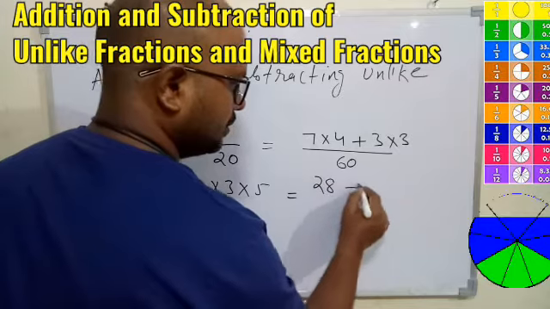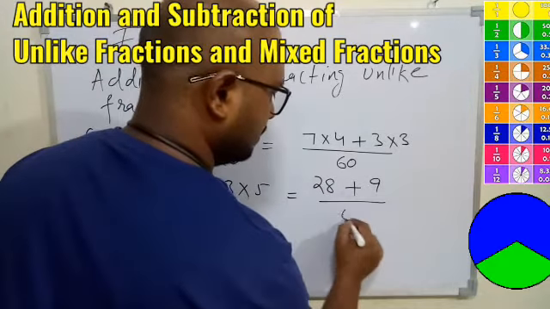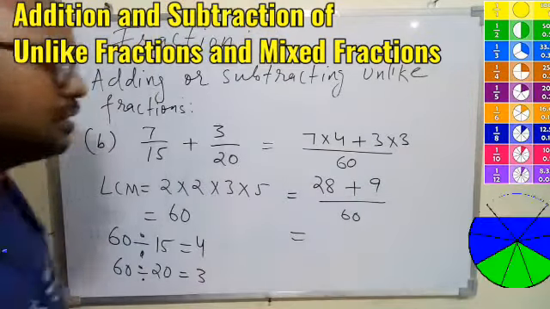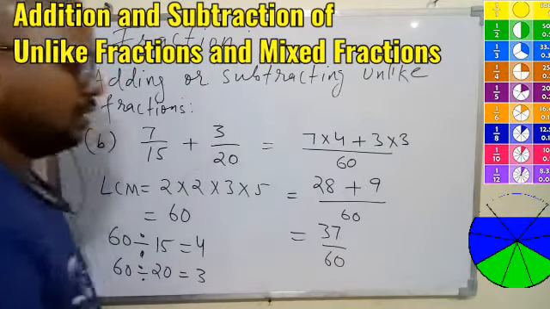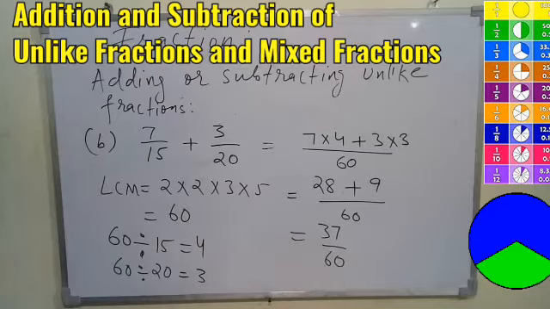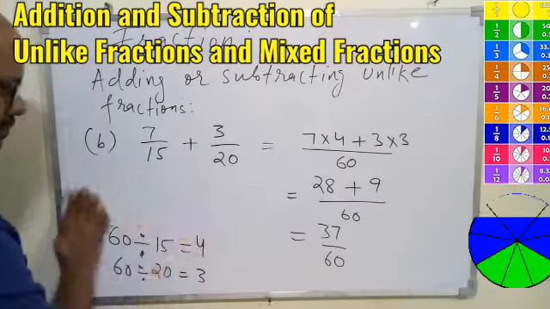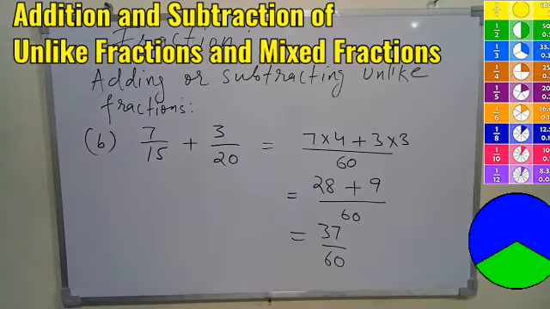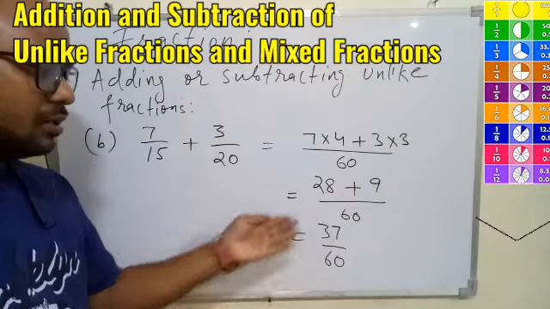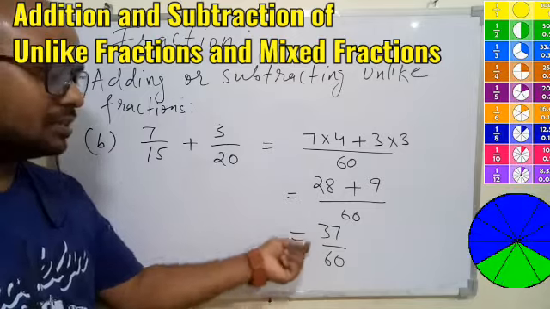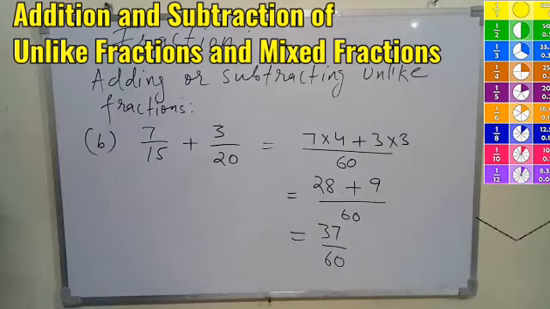Just multiply. How much will this one be? 37 upon 60. So this is our final answer, that is 37 upon 60. I don't think there is any other common factor other than 1 for 37 and 60. So this is the final answer we have.